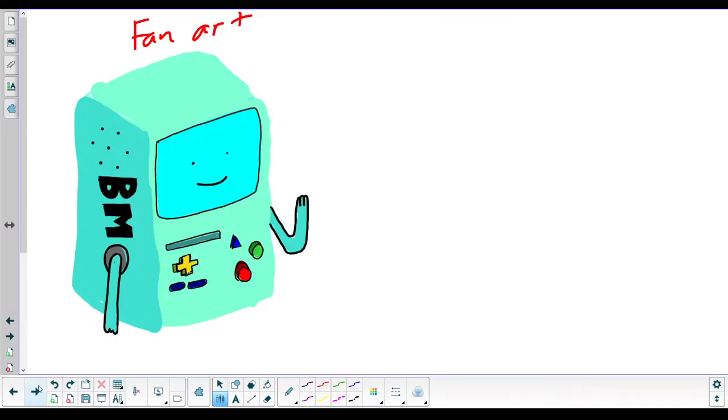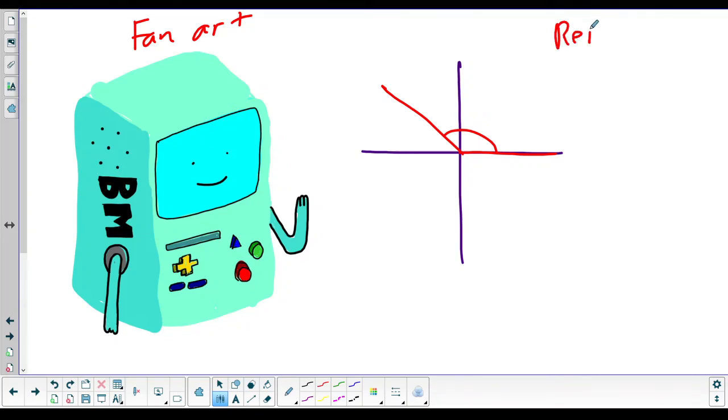All right. There's one thing that I feel I may have neglected in this set of notes. It's just some vocabulary. Let's talk about it really quickly. Let's do purple. All right. If I have some angle, let's just look at this one right here. There is a thing called a reference angle.